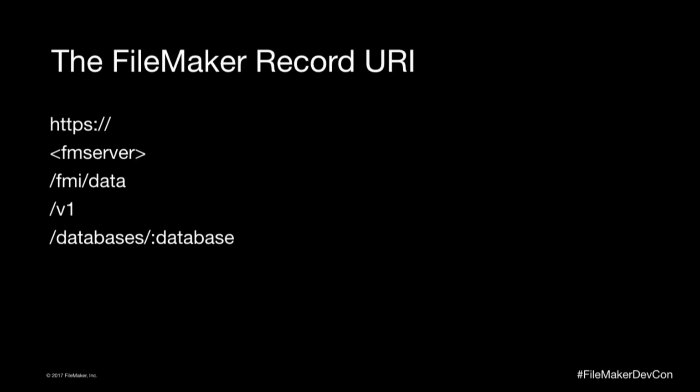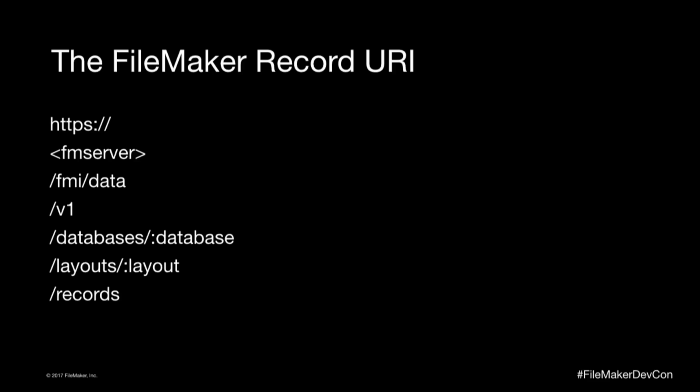We're building our string. Database, followed by the name of your database. Then the layout, so that identifies your specific layout, and then records is FileMaker's endpoint for the collection. So this whole string, as it stands, if we put it together, is the collection URL.